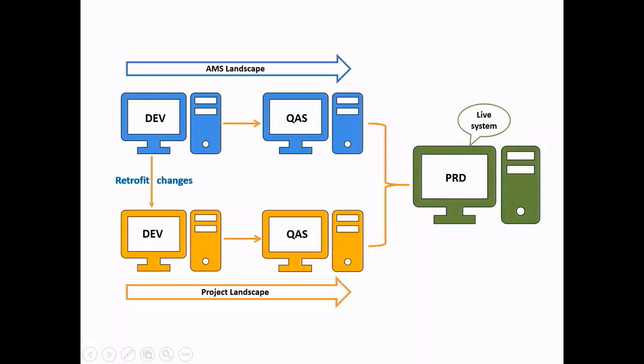They make all the relevant configuration in development, then move the changes to quality, and after completing UAT and everything, they will go live. At the same time, as BAU, North America is currently active and running in production. So they will have a separate AMS landscape and a separate project landscape.